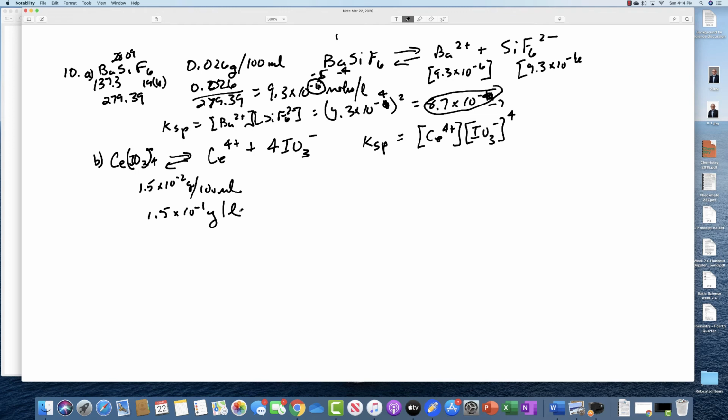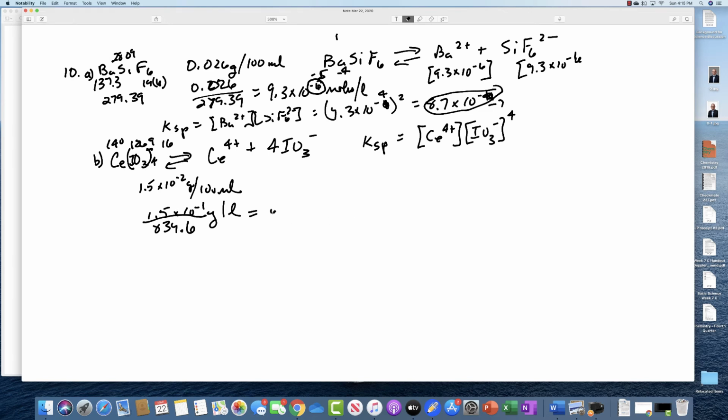Ce is 140. I is 126.9. O is 16. The molecular weight for this right here is 839.6.